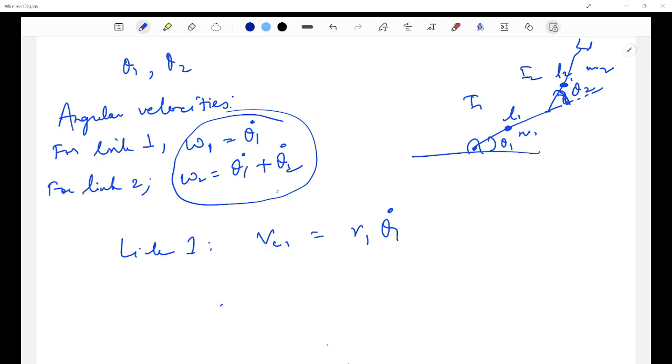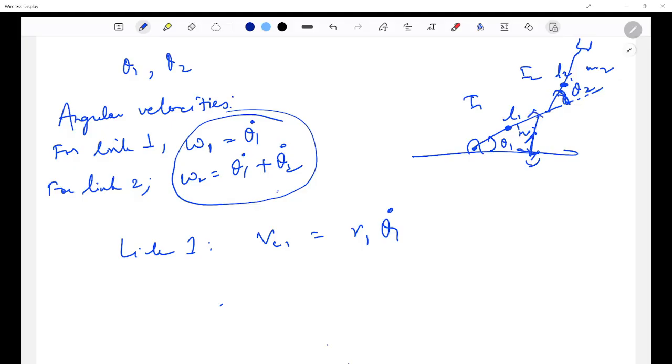Similarly, if we know the potential energy of the system, like at what height it is from the ground, then we can write the expression for potential energy. I'm not going into the derivation in the interest of time because we have to do a number of questions. This is already derived in the lecture, I'm just repeating the steps.